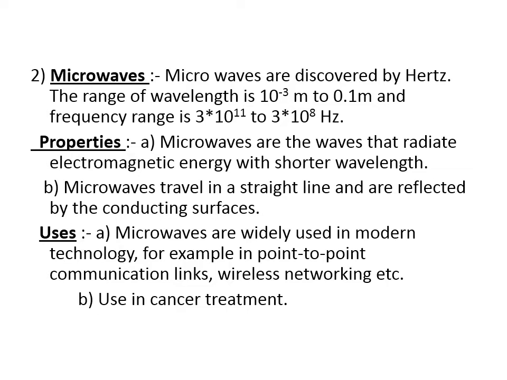Second one, microwaves travel in a straight line and are reflected by the conducting surfaces. Now, uses of microwaves. First one, microwaves are widely used in the modern technologies, for example in point-to-point communication links, wireless networking, etc. Second one, use in cancer treatment.